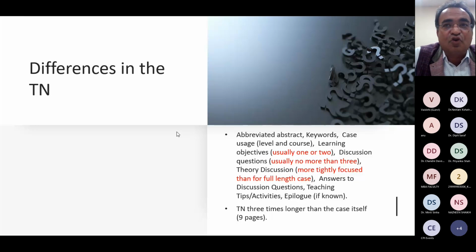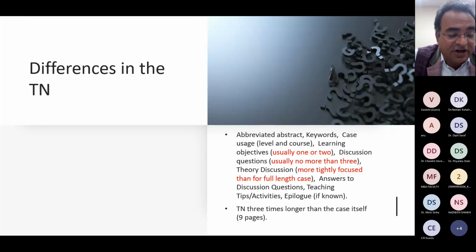Yes, of course. So goes without saying, if you're looking at a compact case, the teaching note would also be different from a normal traditional case. And again, if you've looked at the way I put it across, the fonts in red indicate how they're different from a traditional case. So yes, your teaching note or instructor manual should have an abbreviated abstract.